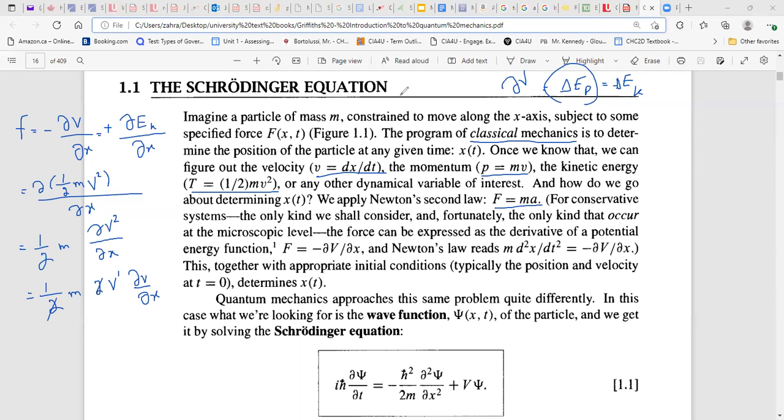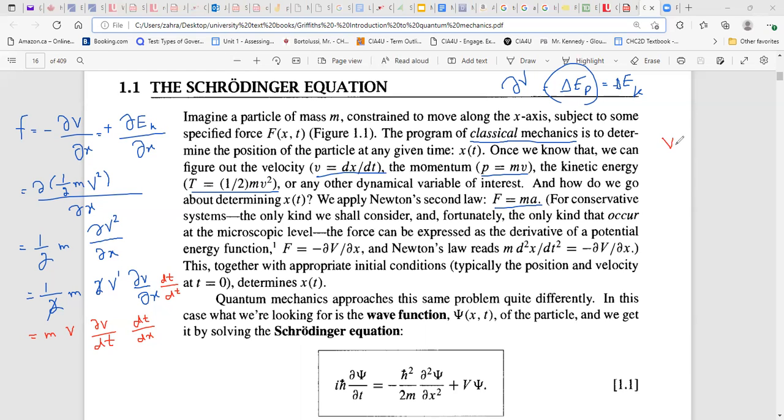Now what do we do? Here, I can multiply by dt and divide by dt. No change is happening, I'm just multiplying by 1. So I have m, v, velocity, and I can exchange dx and dt: dv over dt, and then dt over dx.